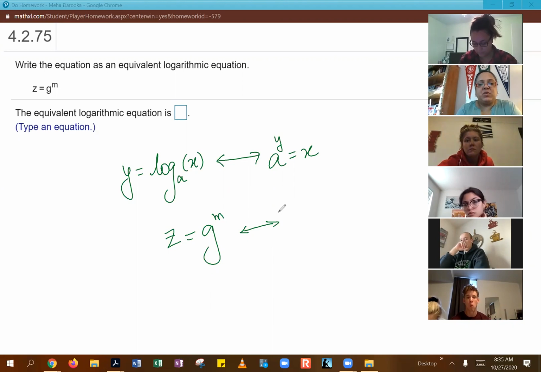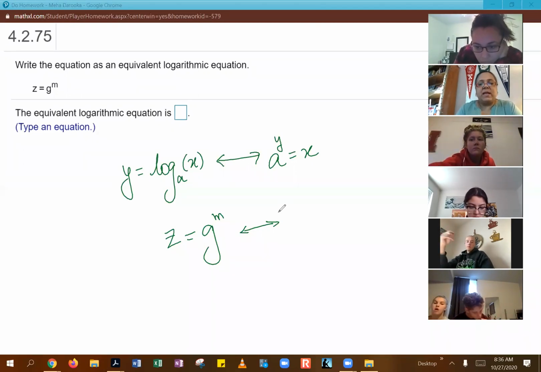Okay, so which one is your base here, the z or the g? G. Okay, that's good. And let me see, Tessa, you've got log of z with base g as m. Dalton, log of g.